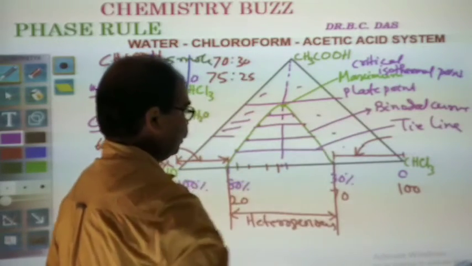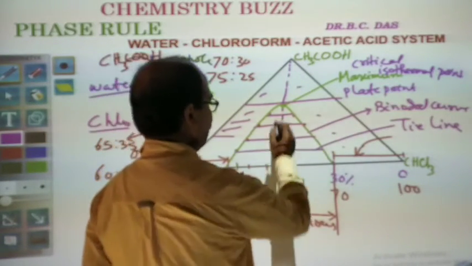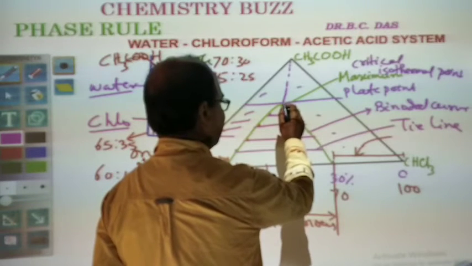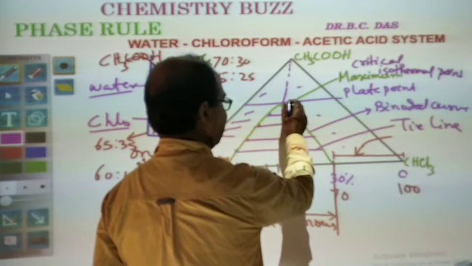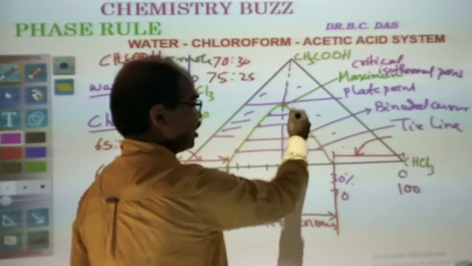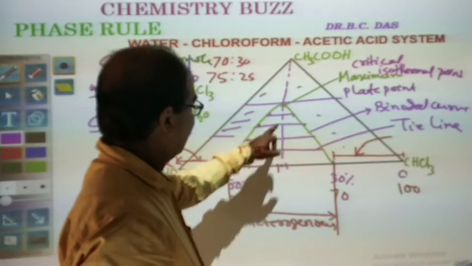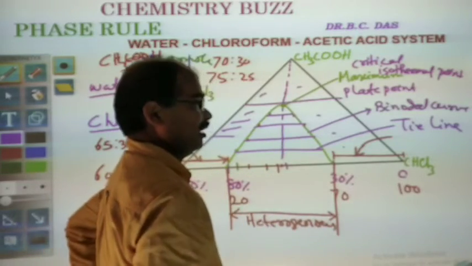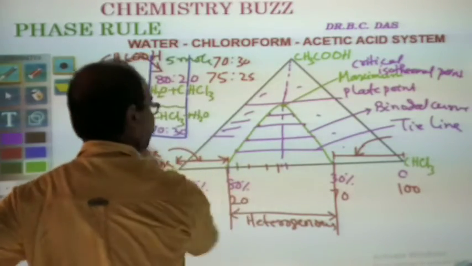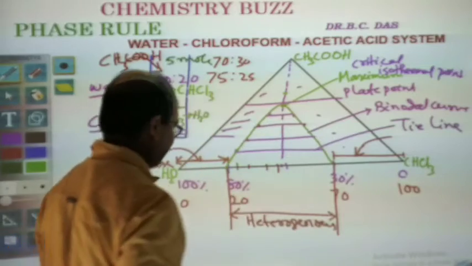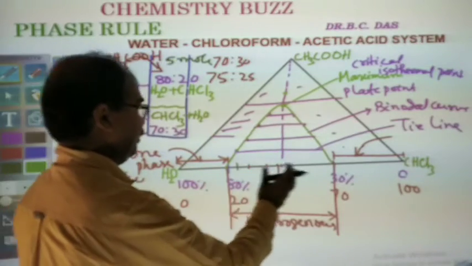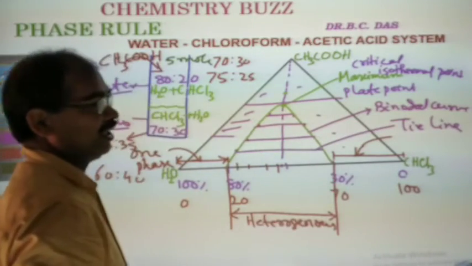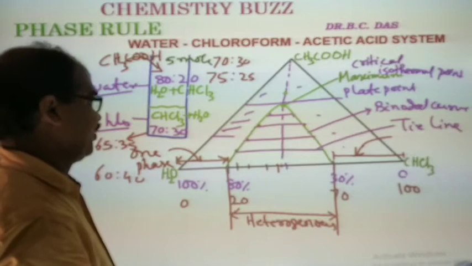Okay, these are homogeneous and single phase. So in this composition, if we add such an amount of acetic acid, or if this will be the concentration of acetic acid, then the mixture is homogeneous and single phase.